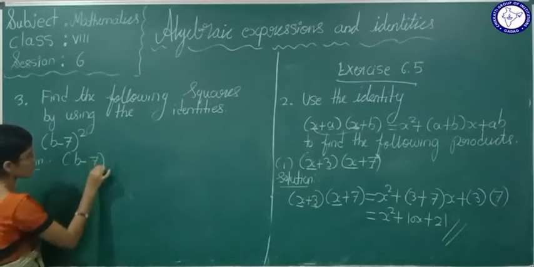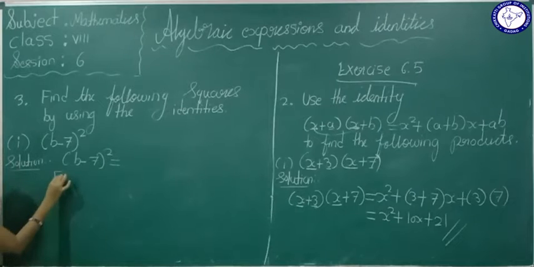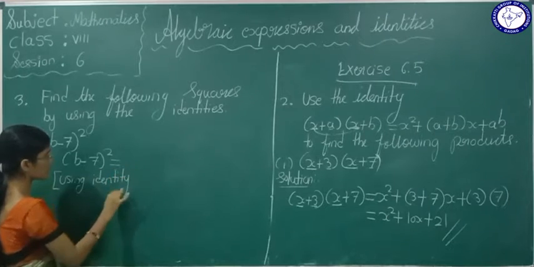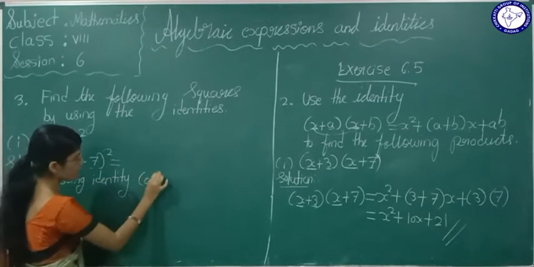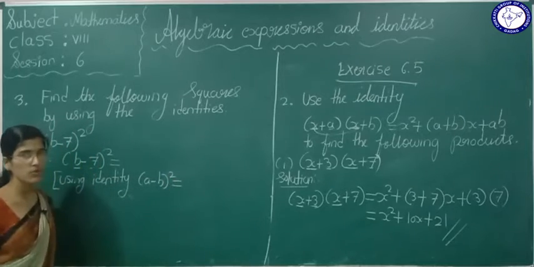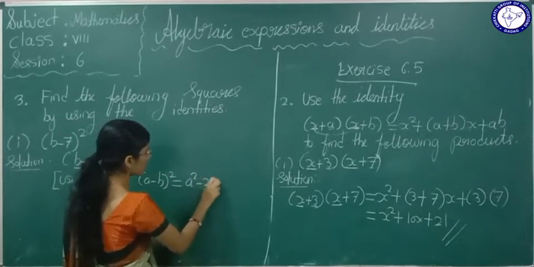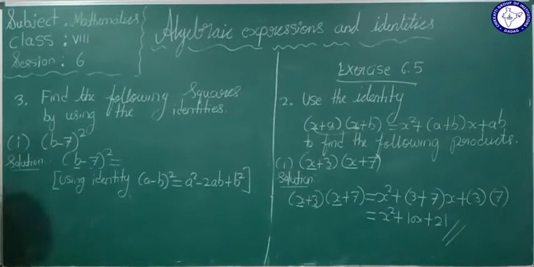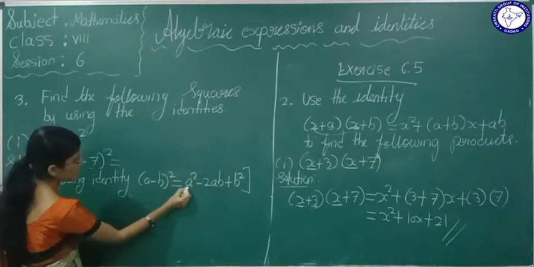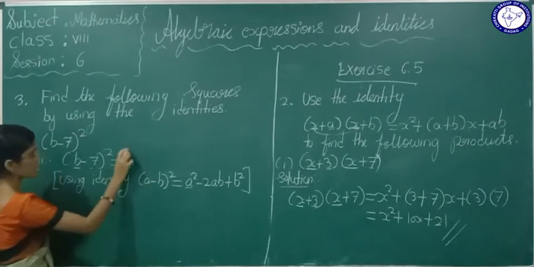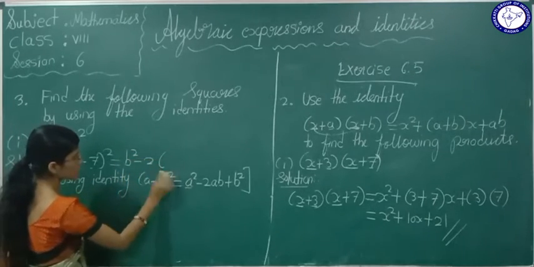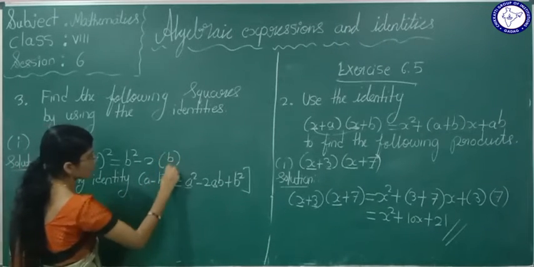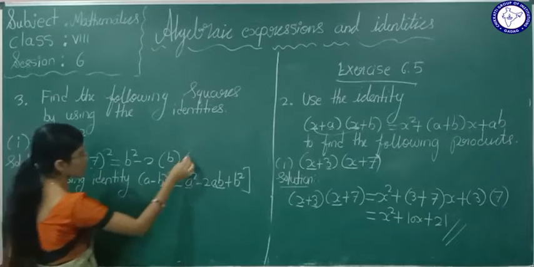(b - 7)². Now see students, which identity can we use here? This is in the form of (a - b)², and (a - b)² is nothing but a² - 2ab + b². Here, in place of a we have b, in place of b we have 7.